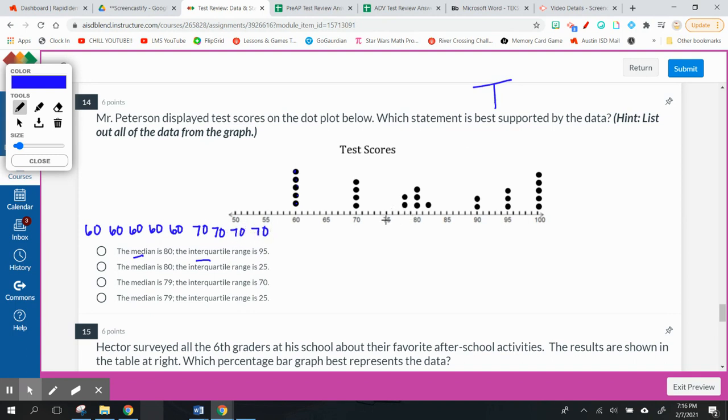What is this? 75, 76, 77, 78 has 2 people. 80 has 3. 82 has 1. 2 people scored a 90. 3 people scored a 95. And 1, 2, 3, 4, 5 people scored a 100. Wow.